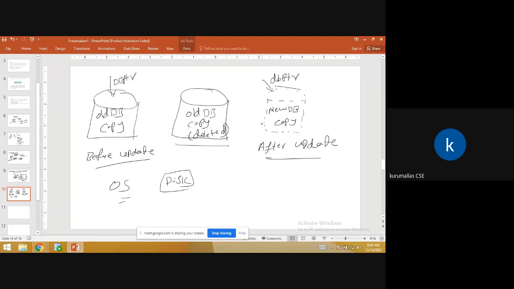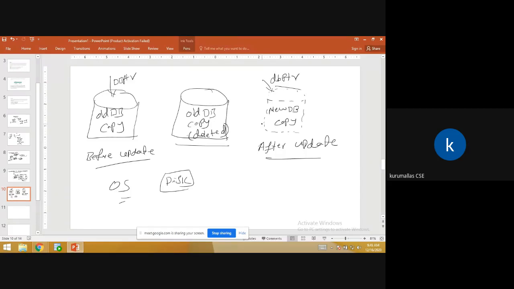This is about today's class. We covered what a transaction is and the different transaction properties, the ACID properties: atomicity, consistency, isolation, and durability. We also discussed transaction states: active state, failed state, partially committed, aborted state, and committed state.